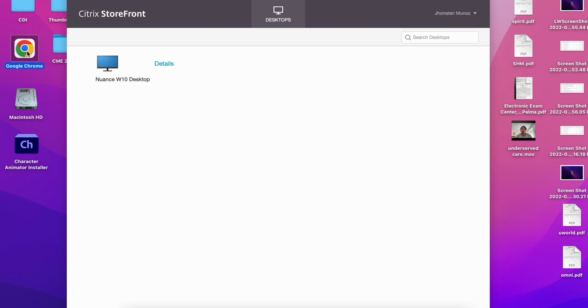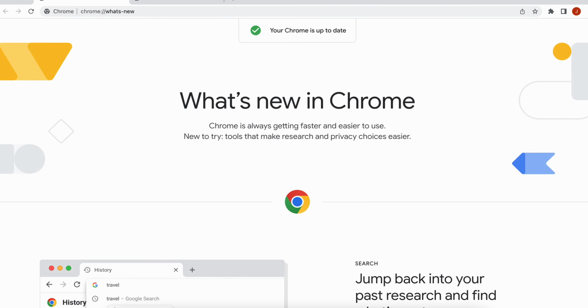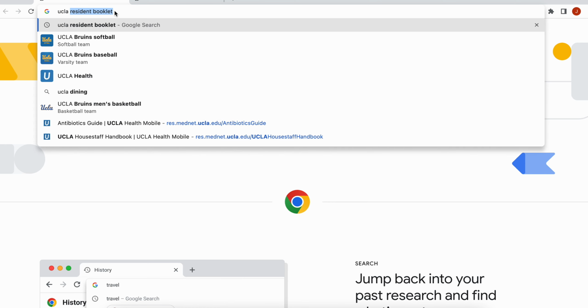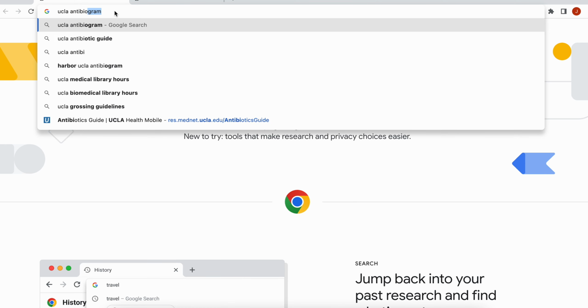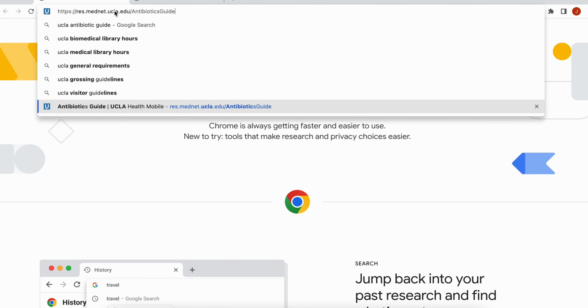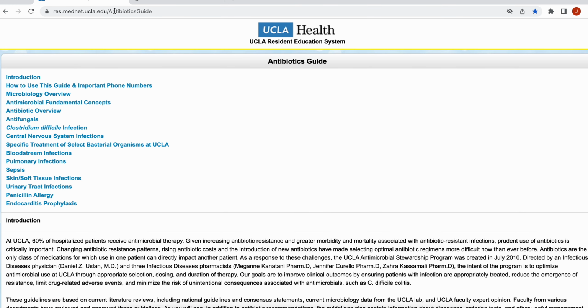UCLA antibiotic guide. Bang. So you can find these two.